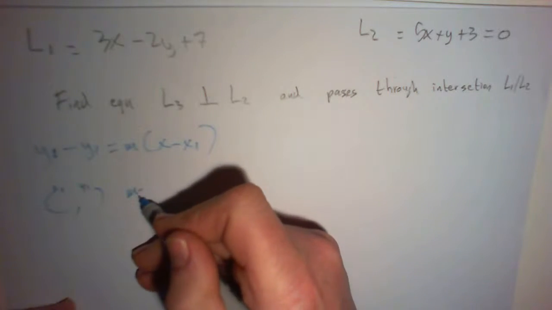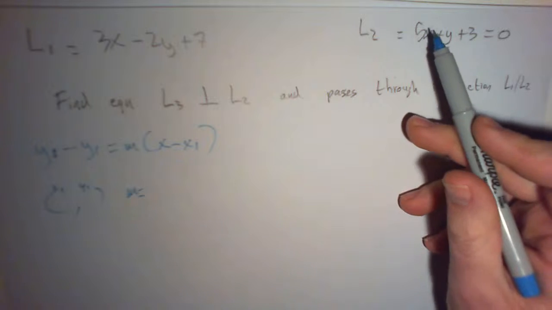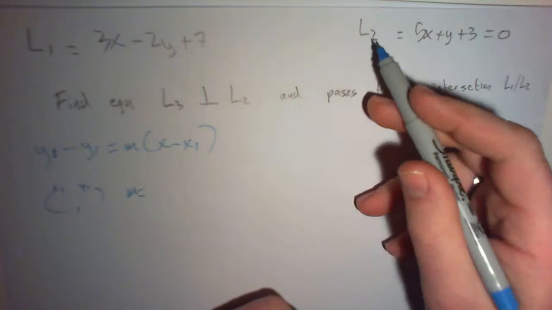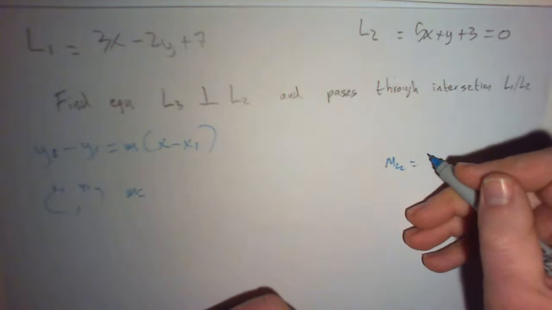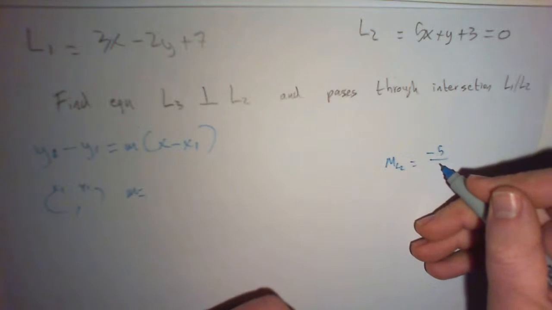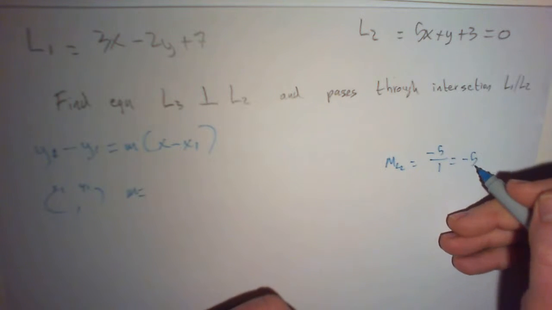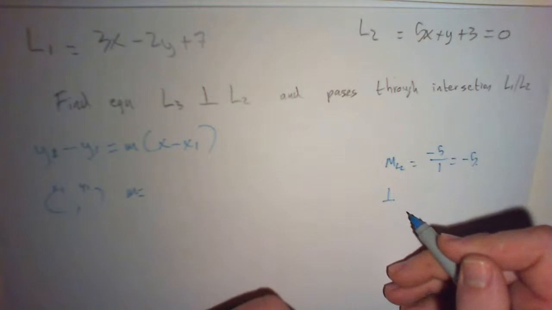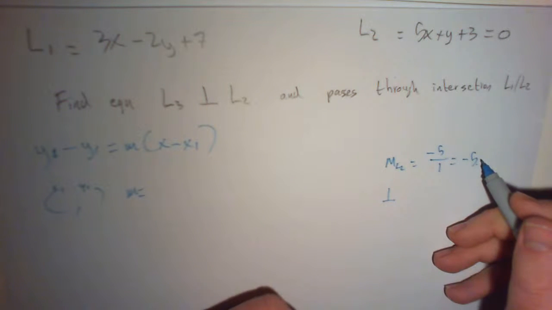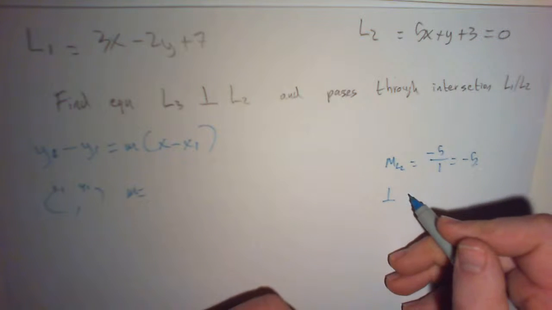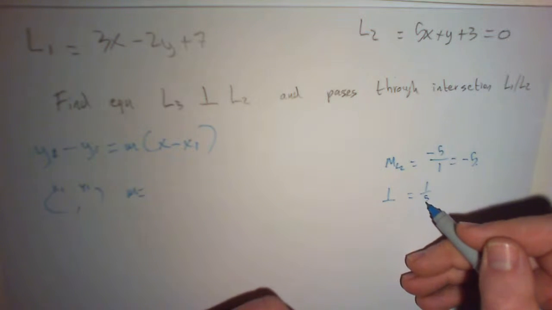And we need a slope, and we're going to generate that right now because it's the perpendicular slope. So let's find the slope. The slope of L2 is the negative coefficient of x over the coefficient of y. So it's minus 5. But the perpendicular slope to minus 5 is, well, what number multiplied by minus 5 will give you minus 1? Isn't it a positive one fifth?